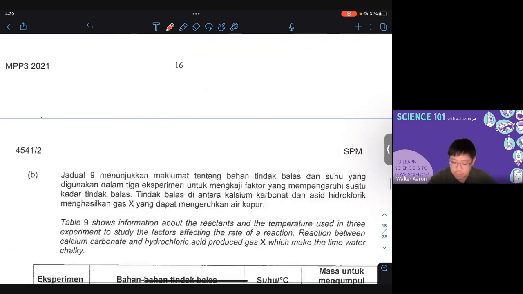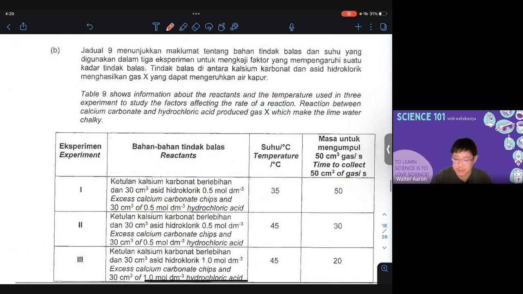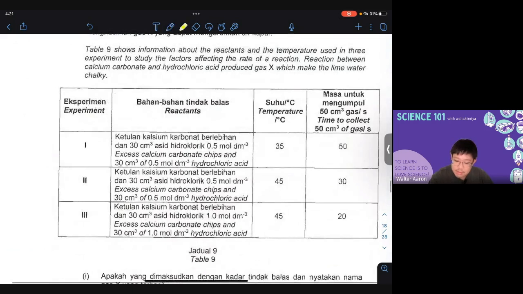Let's move on to the next question. Based on table 9, shows information of reactants and the temperature used in 3 experiments on factors affecting rate of reaction. Reaction between calcium carbonate and hydrochloric acid produce gas X, which makes lime water chalky. Okay, so one is that you use excess calcium carbonate chips with this much and concentration of hydrochloric acid, 35 degrees Celsius.